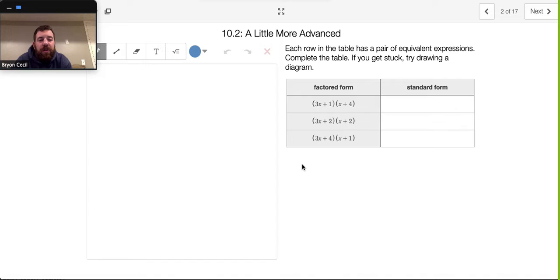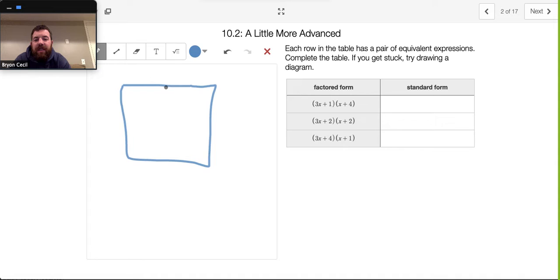Okay, so let's look at this, guys. Factored form to standard form. The reason that we're going to do this is we're going to get some good practice today in doing these. And we're going to work inside out again, remember?